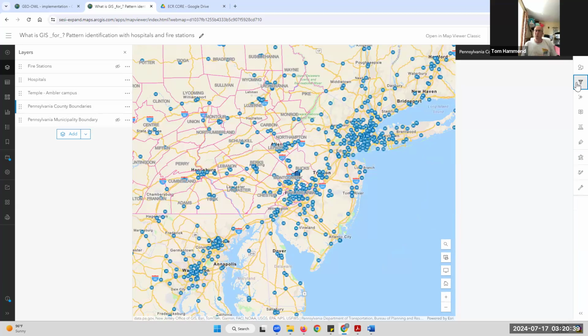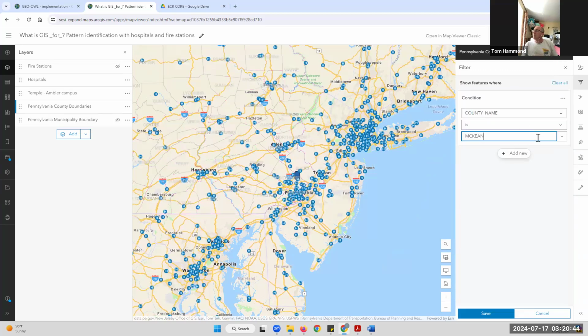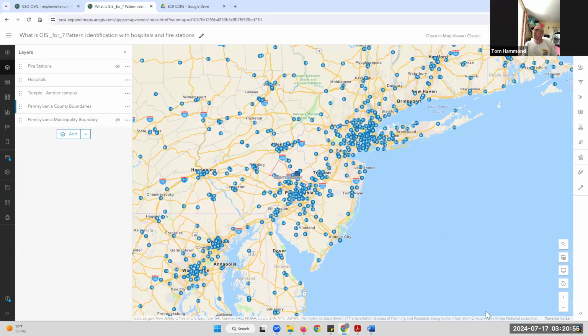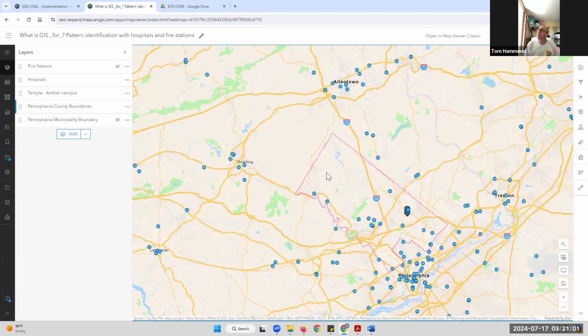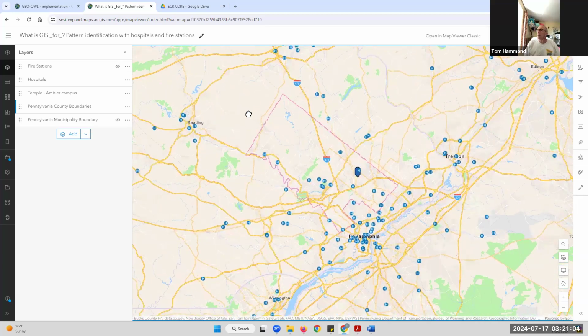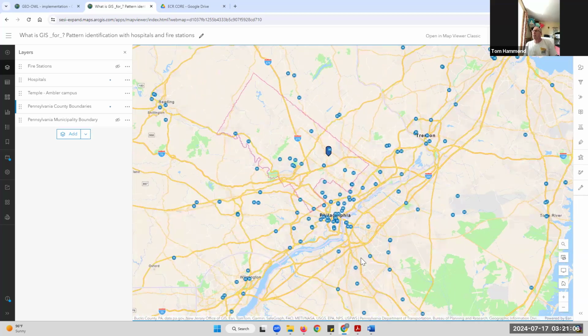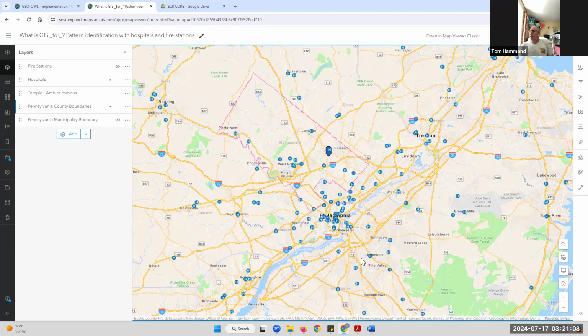So I'm going to filter the counties so that the county name is Montgomery. Oops. And that then gives me Montgomery, Pennsylvania. In truth, it also gives me some other Montgomery counties elsewhere in the country, but we're not going to look at those.